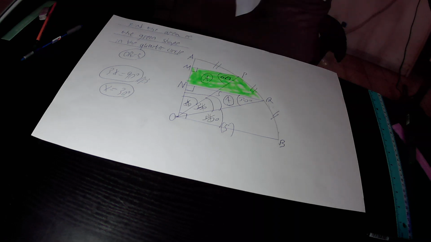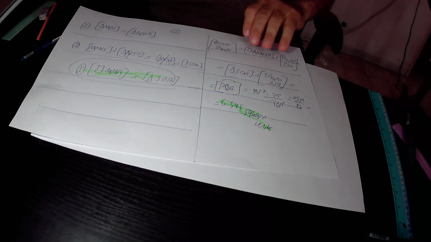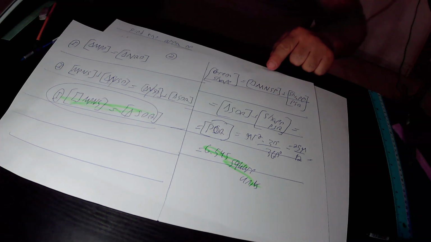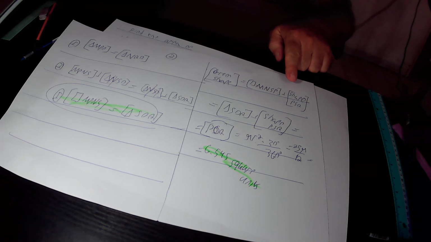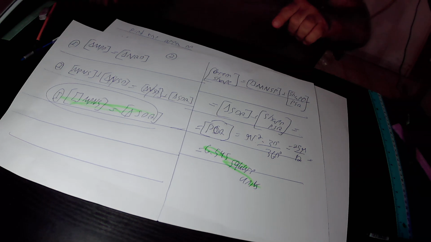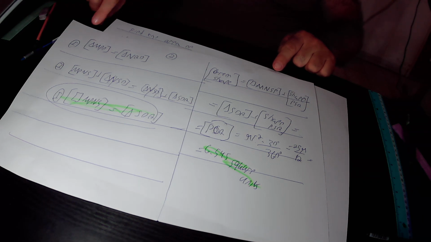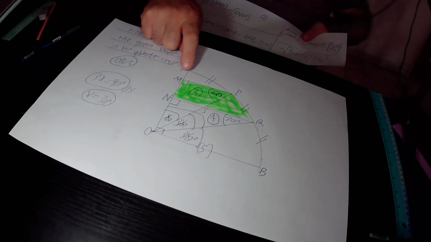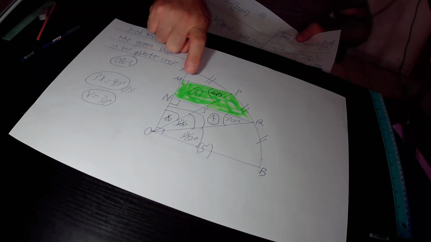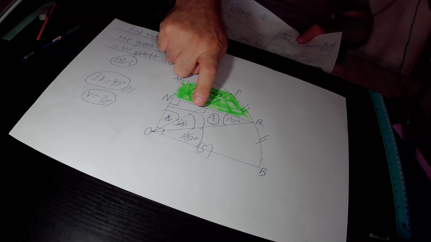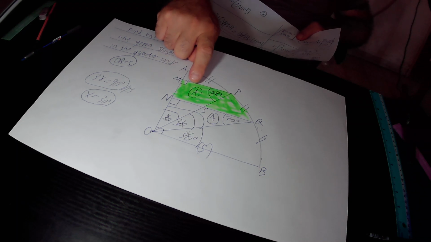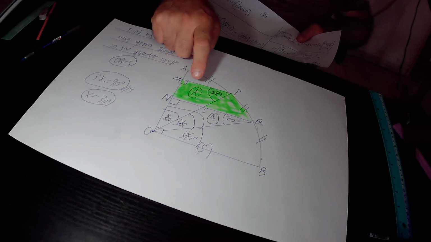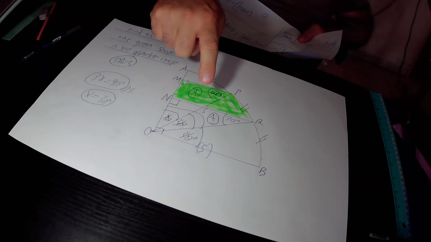But we already found out that the area of quadrilateral MNSP equals the area of this right triangle SOQ. Therefore, we can substitute the area of the quadrilateral MNSP by the area of triangle SOQ.